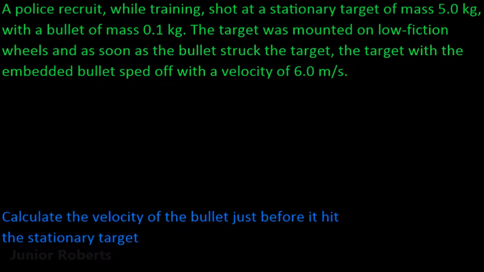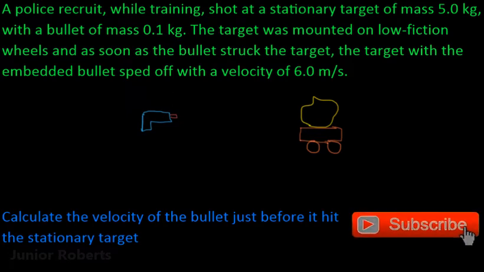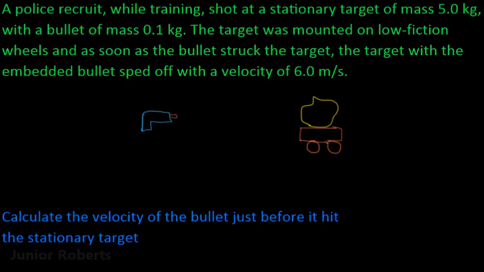So let's see if we can get a quick sketch of this setup. Here's a quick sketch which, as best as I could, illustrates the happenings of this bullet and target. Essentially, the bullet left the gun, hit the target, and got embedded in the target.